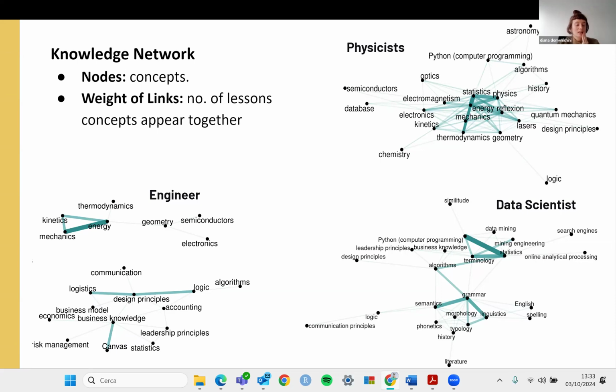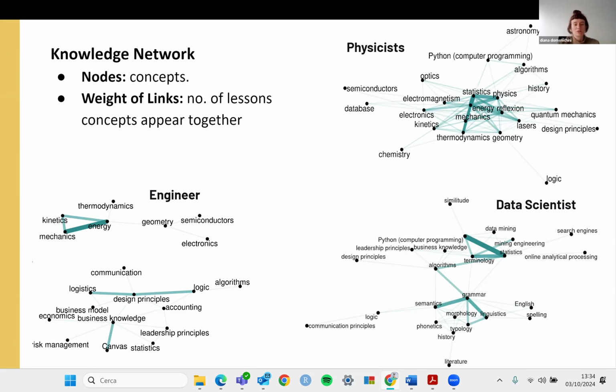Yeah, I mean, I would say there are two different applications. One is more about research, because with this knowledge profile, you can also do research on how knowledge is organized.